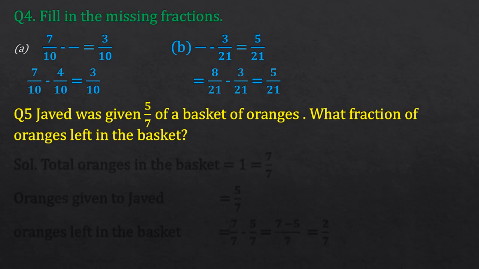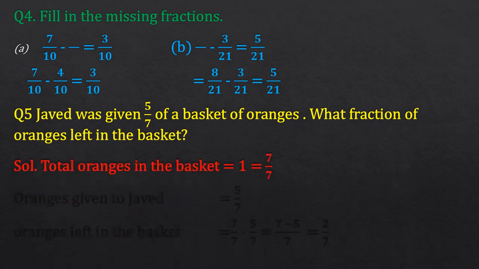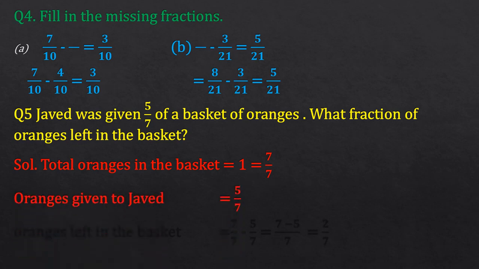Total oranges in the basket 1, and to 1 we can write down 7 upon 7 also, because when we cancel 7 by 7 we will get 1. Okay, so it is 7 upon 7. And why we have taken 7 upon 7? Because in the denominator the oranges that Javed has taken, it is 7. Okay, now oranges given to Javed 5 upon 7.